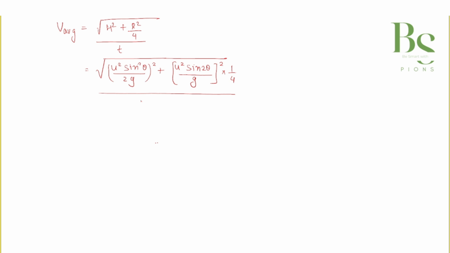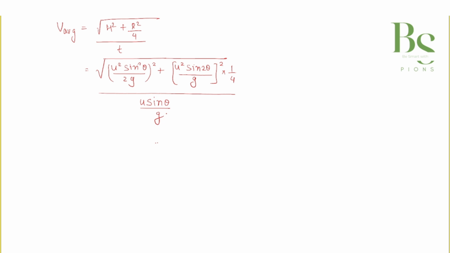What is our R square? R square will be u square sine 2 theta divided by g, whole square, into 1 by 4. Why 1 by 4? Because this 4 is also there. Whole divided by t. How much is t? t is u sine theta upon g. I hope this is clear.